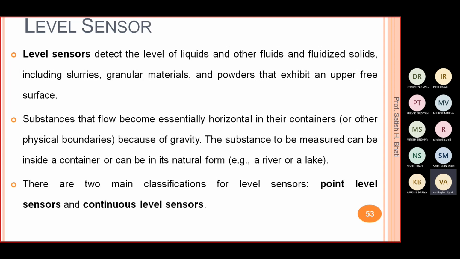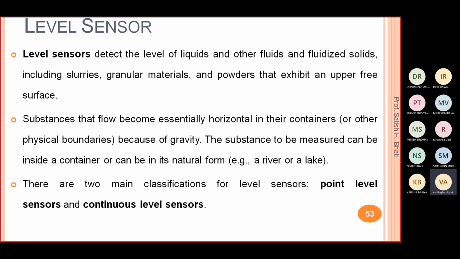The next one is the level sensor. The level sensor will detect the level of liquids and other fluids, and some kinds of fluidized solids, including slurries, granular materials, and powders that exhibit an upper free surface, right?